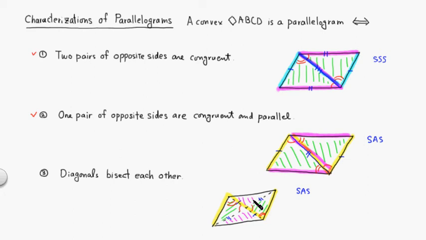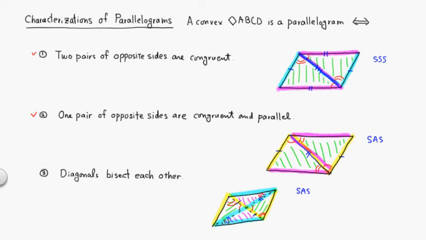Here's another triangle, and with side angle side, same reason, we can use the Z property. This is the angle here, this is the angle there, so we could use the Z property to establish that these two opposite sides are parallel to each other. That would give us a parallelogram.